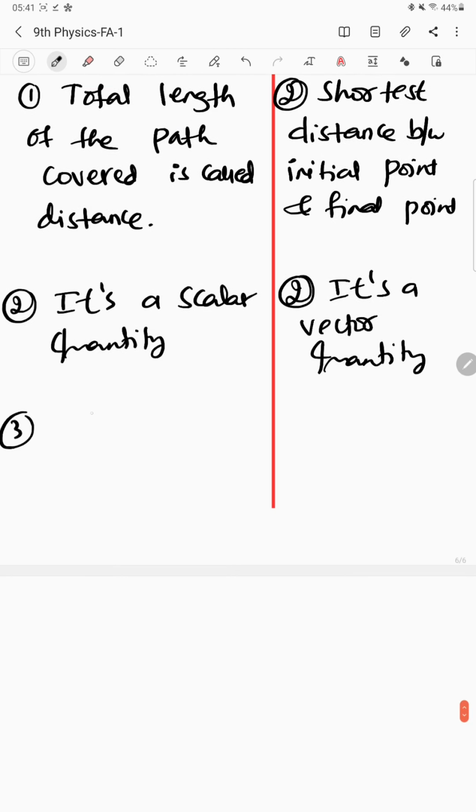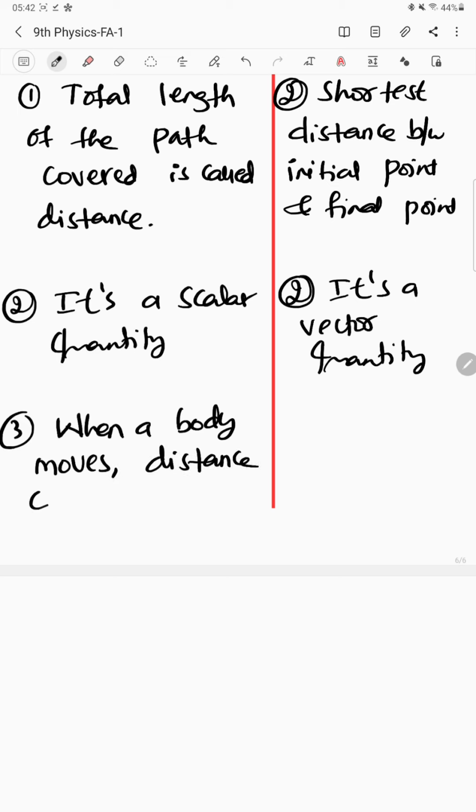The third one is, when a body moves, distance can never be zero. Whenever it moves, there will be some distance for sure.